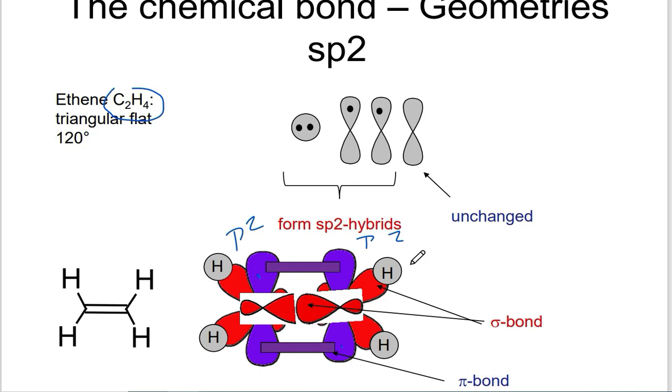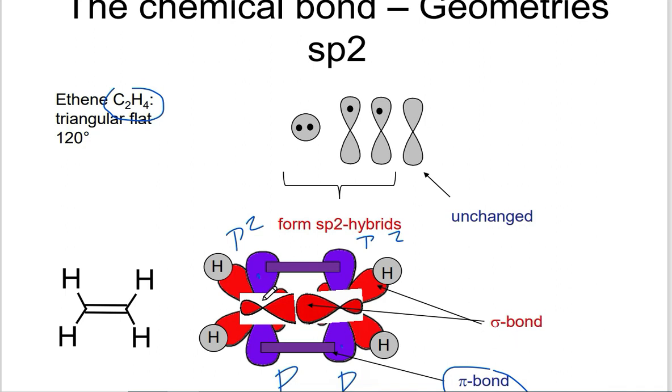When the new bond is coming from a p, from an original p orbital and not a hybrid sp orbital, then it's called pi bond because it's originally coming from p and p. You see pz and pz.